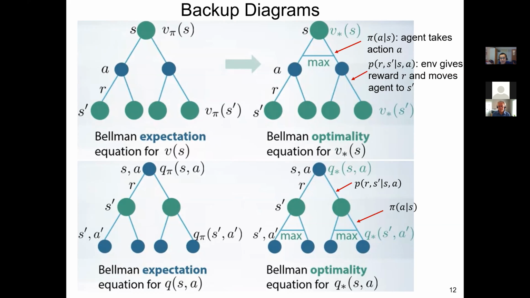Therefore, the agent can take a max to pick an action that maximizes the expected reward. But at the blue node, it's always expectation. The environment is not under our control, but our action is under our control. So that's why you may have max for the state nodes, but only expectation for the state-action nodes.